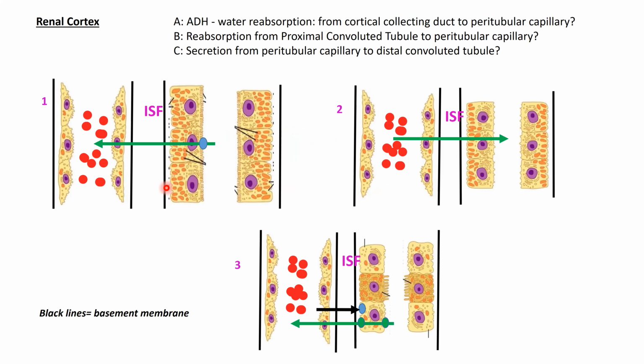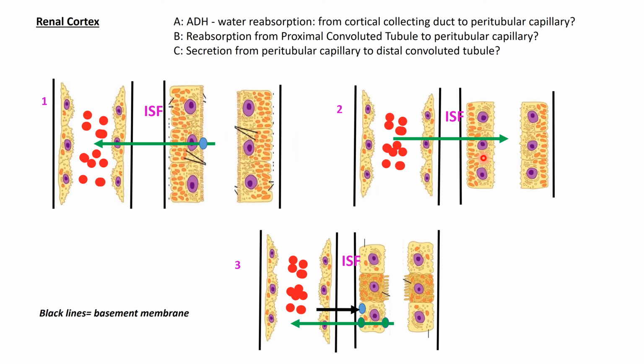Okay, so this is maybe the most important thing: in every image you recognize the simple squamous epithelium, black line basement membrane, or you recognize the simple cuboid epithelium with microvilli and lots of mitochondria. Again, endothelium.